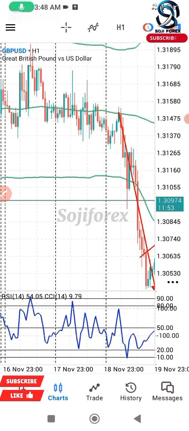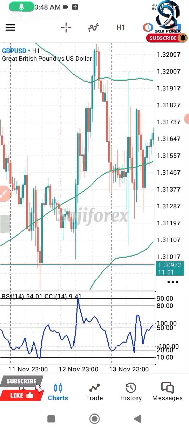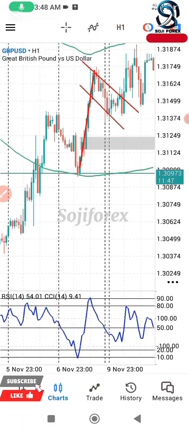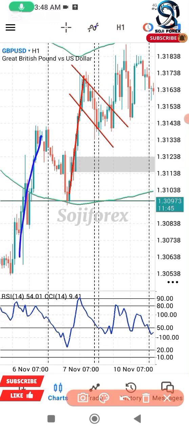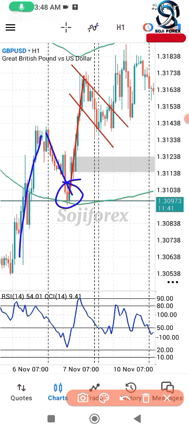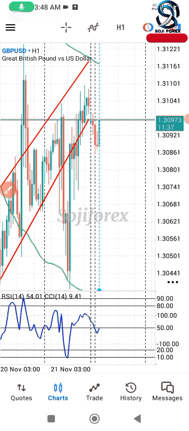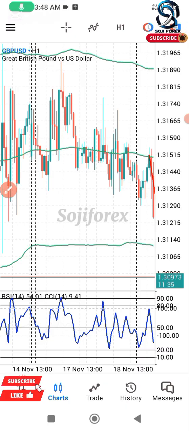This is GBPUSD. Look at what happened. Price has been above it. Look at it. Price left here, broke out of it, retested it. You see your entry, and then you see how price plays out beautifully well. Again, look at what happened.